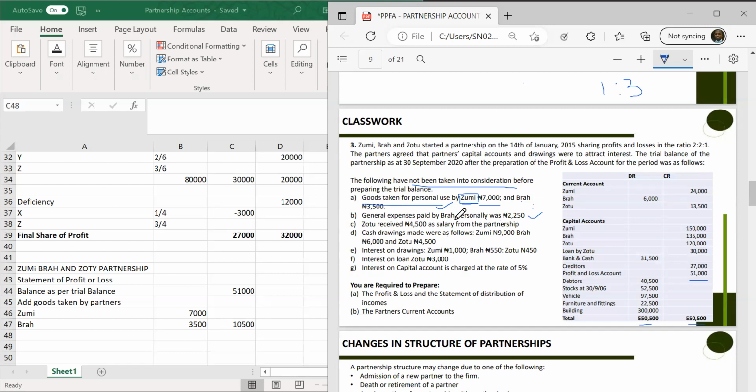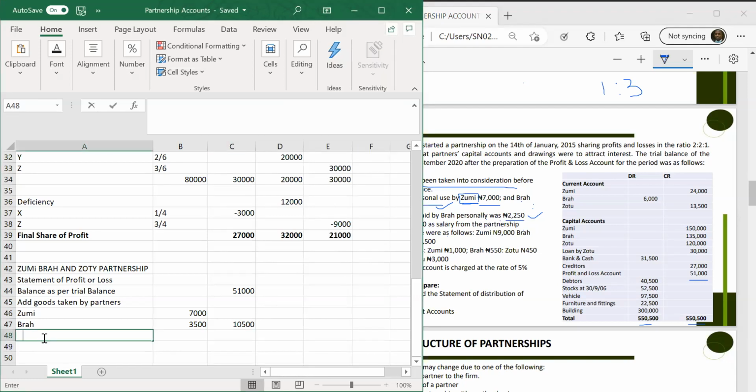See, Bra paid general expenses from his pocket personally, was 2,250. Do you understand? He paid from his pocket general expenses of 2,250.